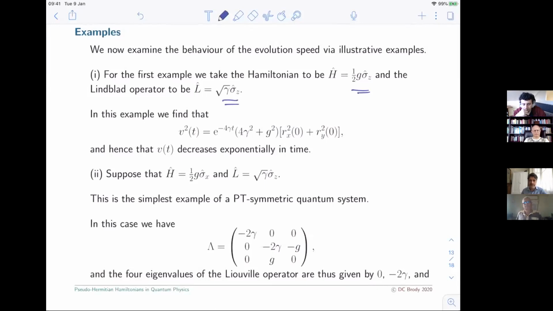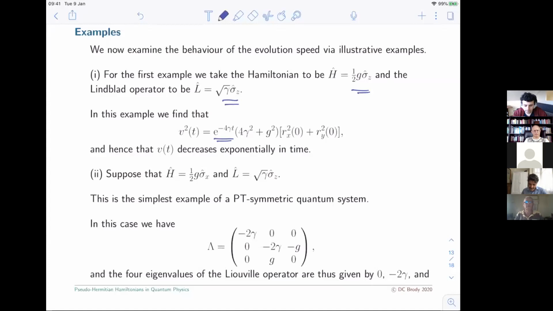This gives what people sometimes call decoherence. The density matrix gets diagonalized in the sigma z basis, and it can describe a measurement of the spin z component. In this case, if you work out the squared velocity, you get some constant times an exponentially decaying factor. So it's simply decaying exponentially.